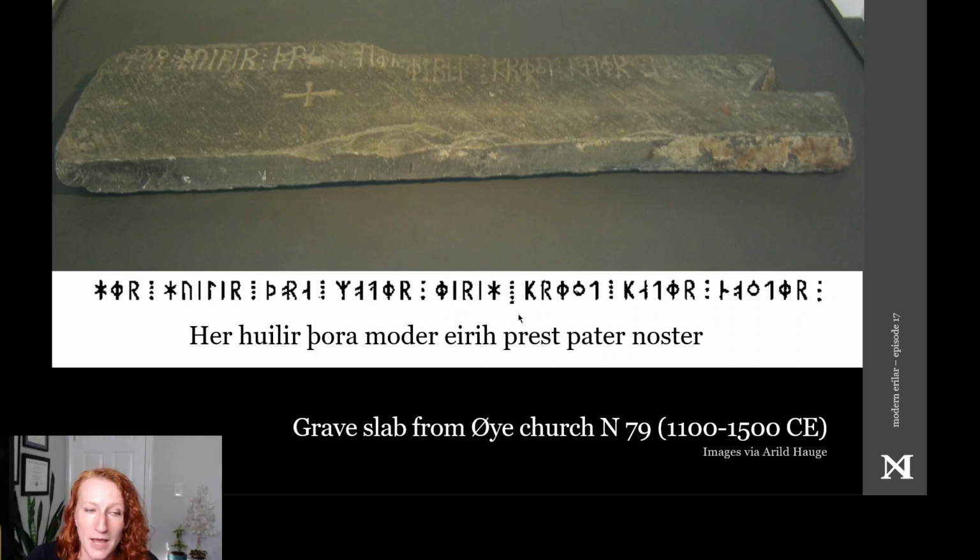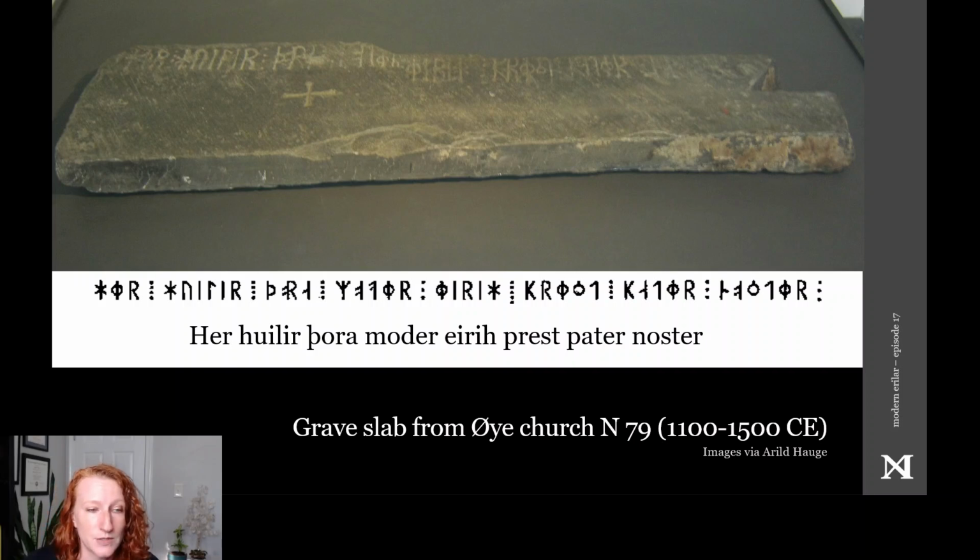I mentioned in episode 11 on Sweden that rune writers in Uppland started to use this rune for this sound after the beginning of the 11th century. Scholars have various explanations for how this usage evolved, but we don't yet have enough data to support a specific chronology before the 11th century.